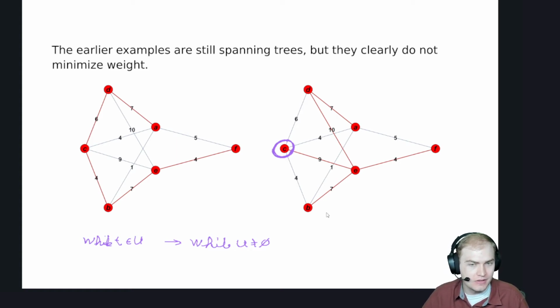Dijkstra's algorithm would find the shortest path from C to everywhere else. And that's not necessarily the same as finding the minimal spanning tree. Maybe we'll look at that later, after we've found some minimal spanning trees, and see how Dijkstra's would be different.